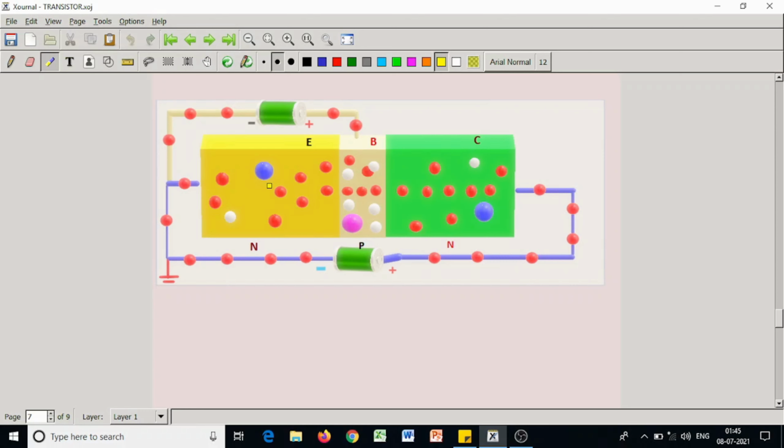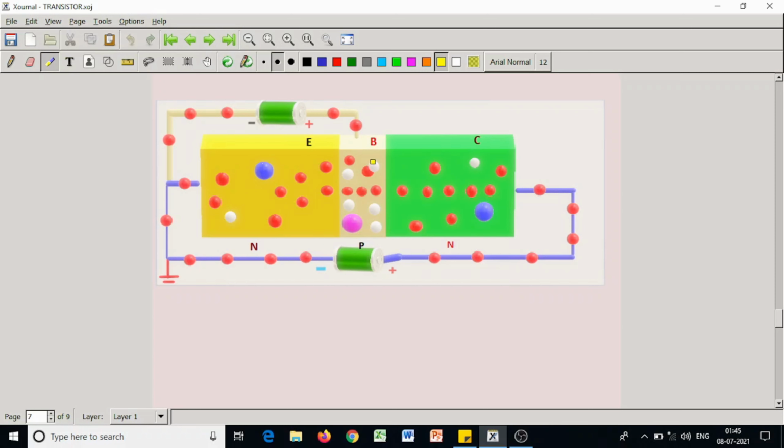The majority electrons from the emitter are injected into the base and majority holes from the base are injected into the emitter region. These two constitute the emitter current. The injected electrons diffuse through the base towards the collector junction.